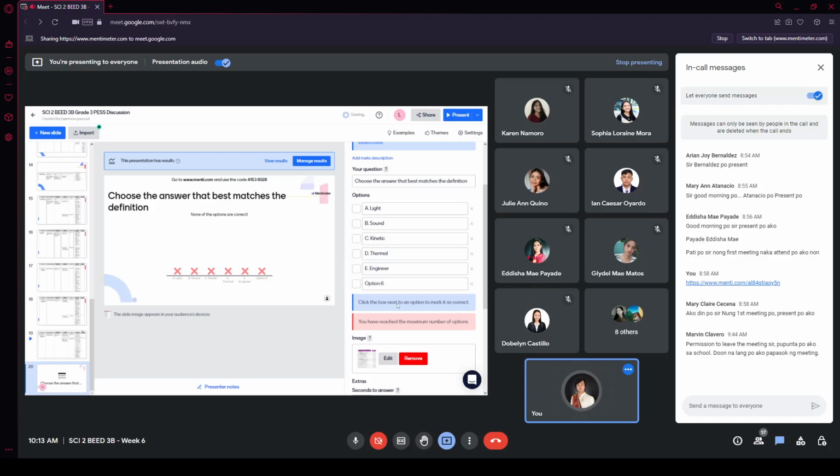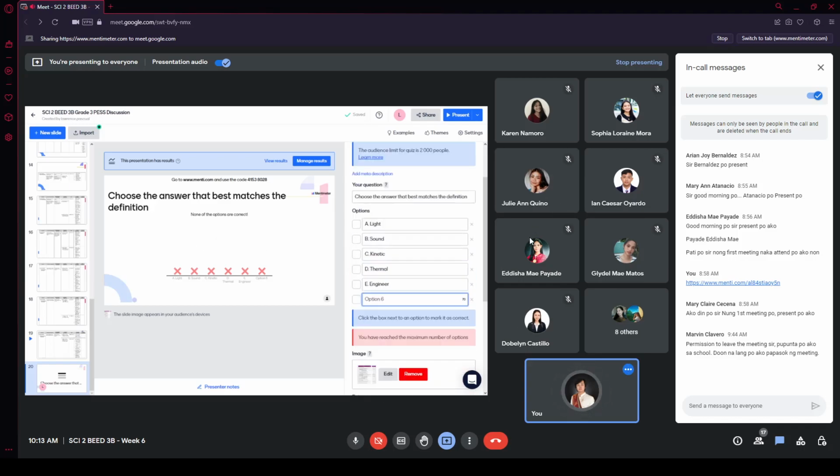Maximum number of options. Okay, that's bad. Let's try changing this instead.